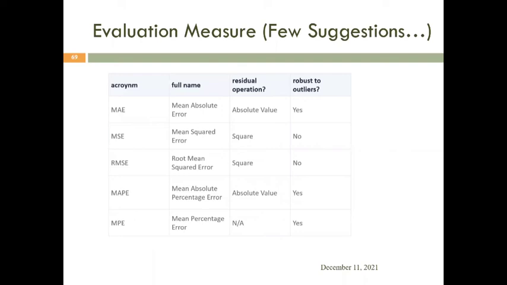And then, of course, a few suggestions. These are just suggestions that people believe from analysis of each method. They say root mean square error is not robust to outlier.